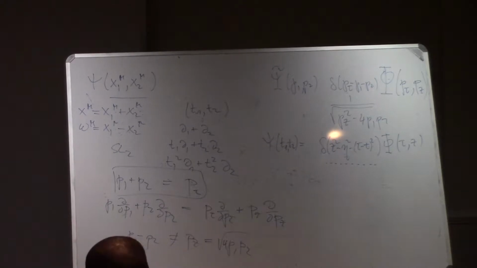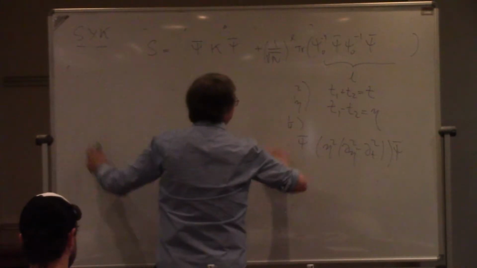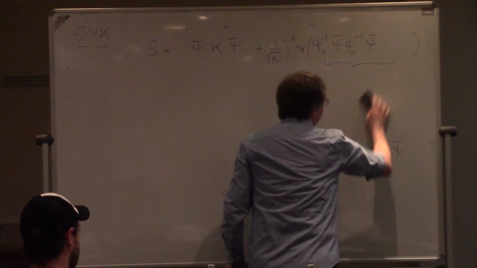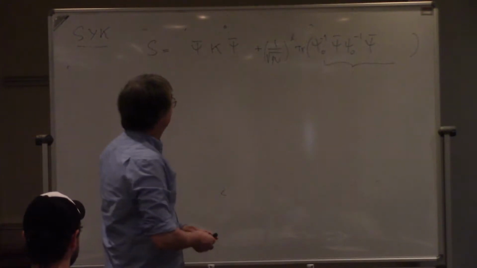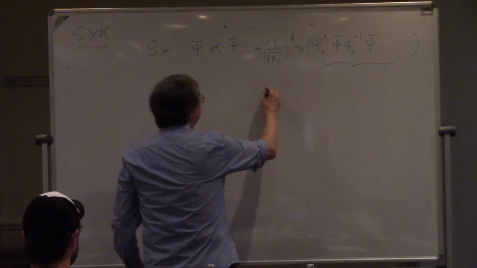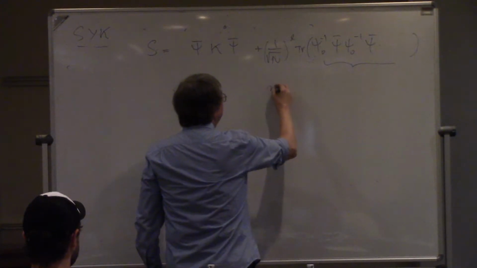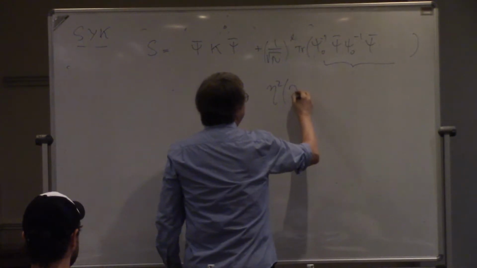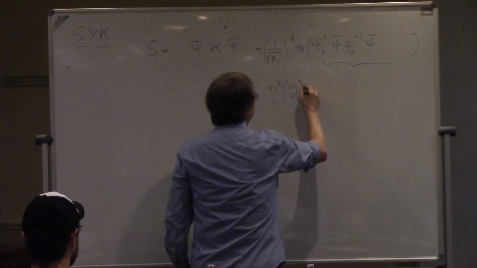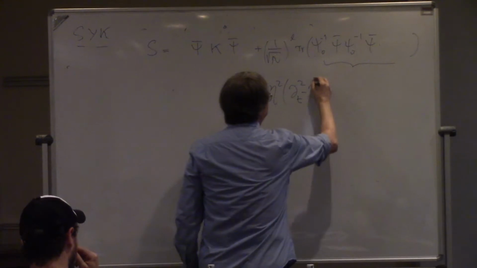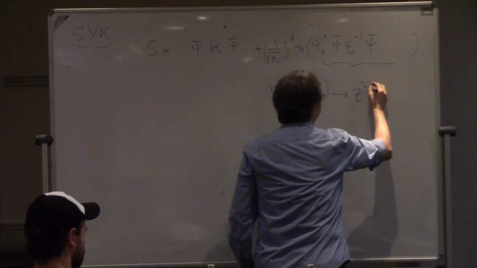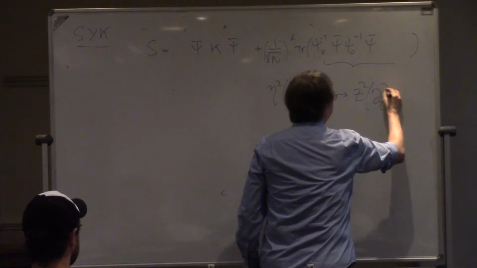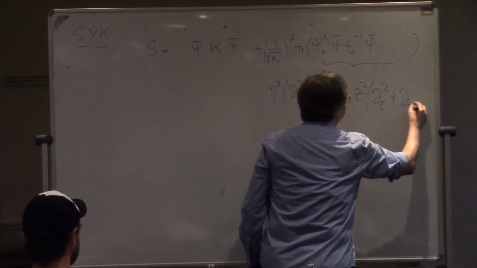I'm still pursuing the SYK model, and now we just stated that to see the space-time, it would be. And what this transform does is precisely what you want. It transforms dt squared minus d eta squared into c squared d tau squared plus dz squared.